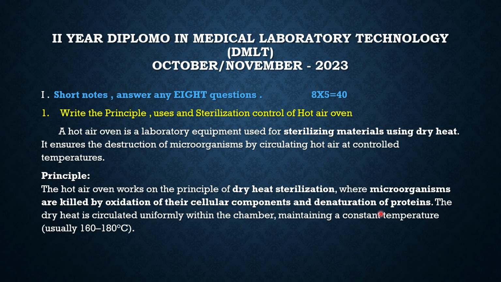So proteins lose their functions, and when the proteins inside the microorganisms lose their functions, the microorganisms die. It usually maintains a constant temperature of 160 to 180 degrees Celsius.